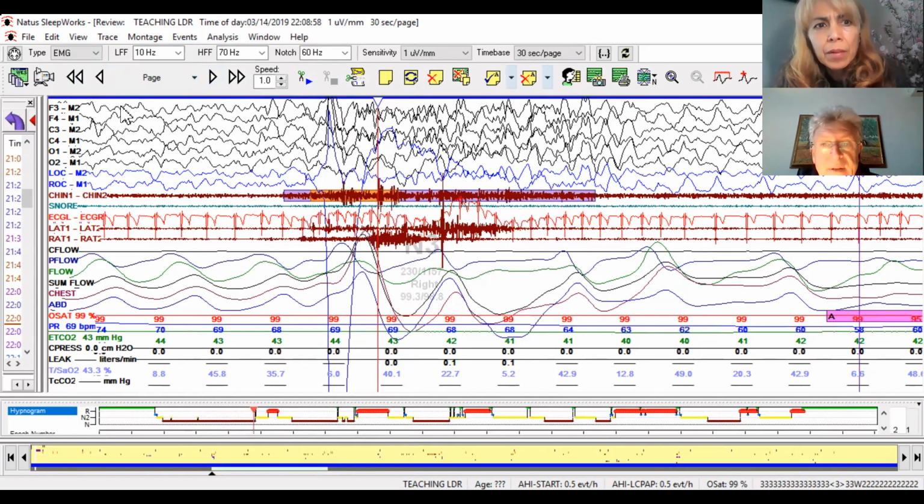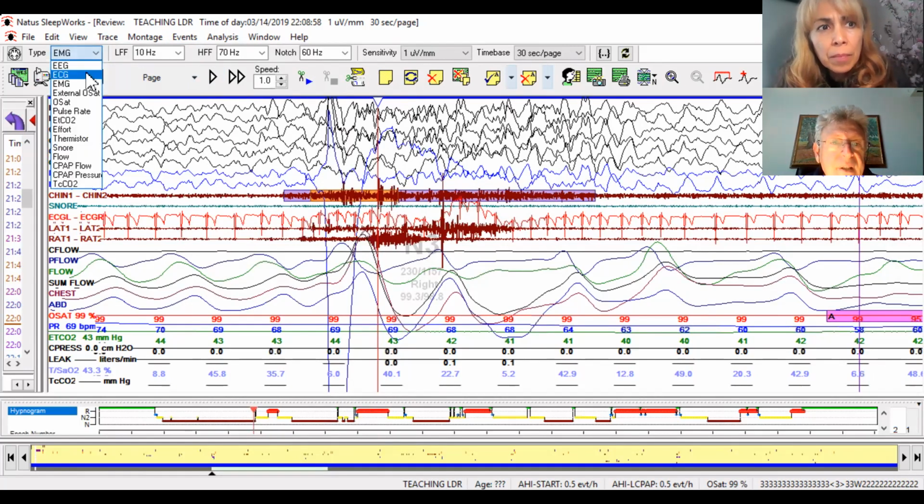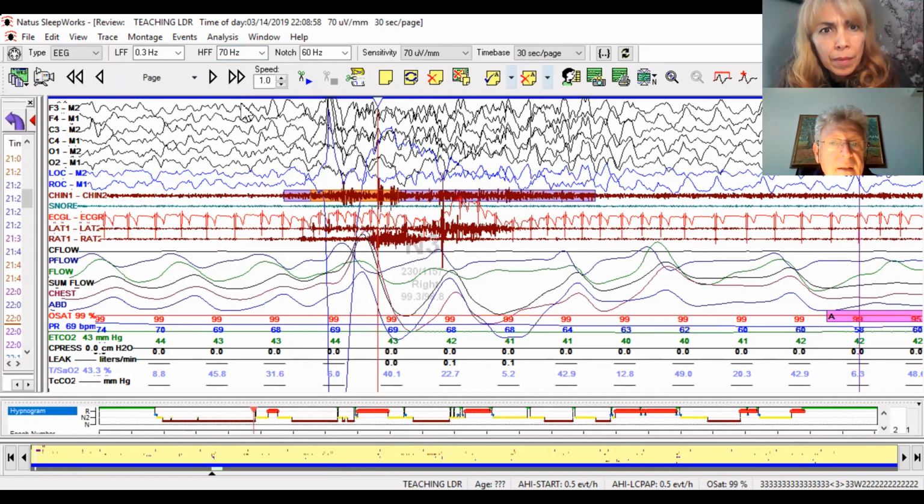Yes, of course. Can you put the EEG to 70 Hertz too? The EEG? Yeah. There. Yeah, and you see more muscle activity now on the EEG too, because you had been filtering it out. Okay. Curiosity.